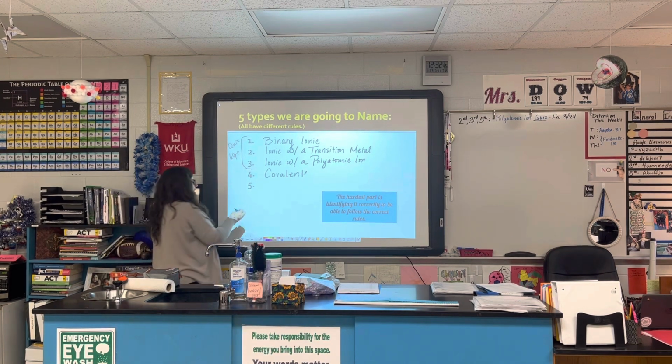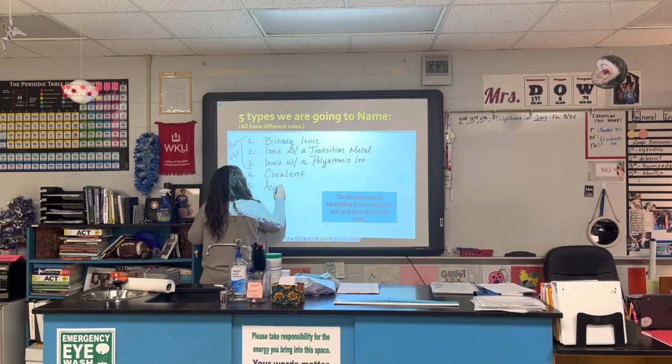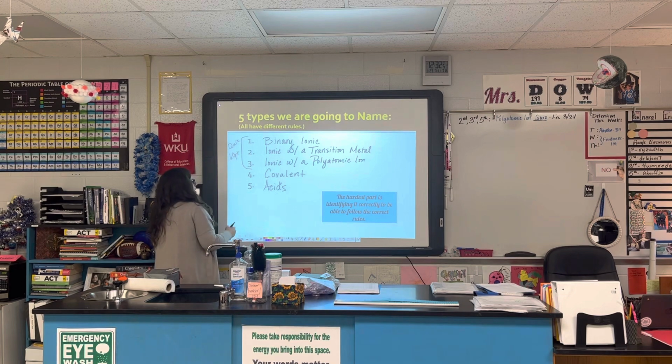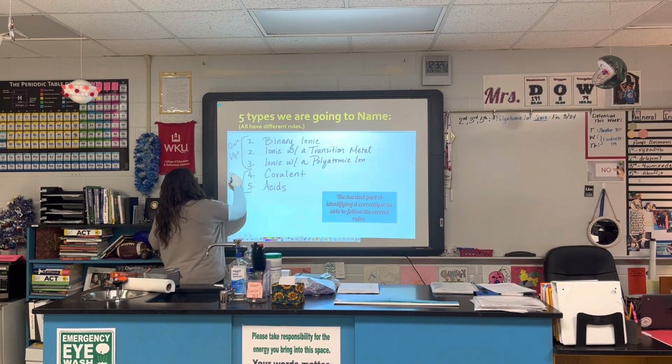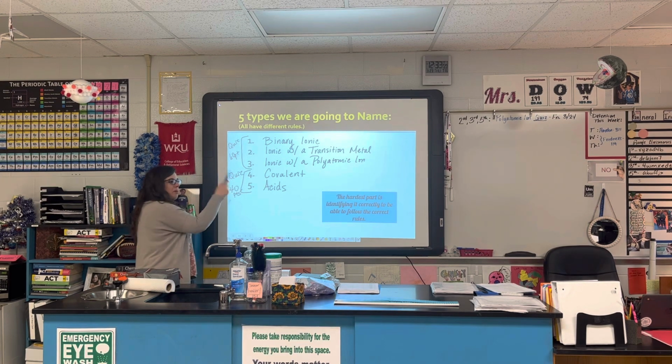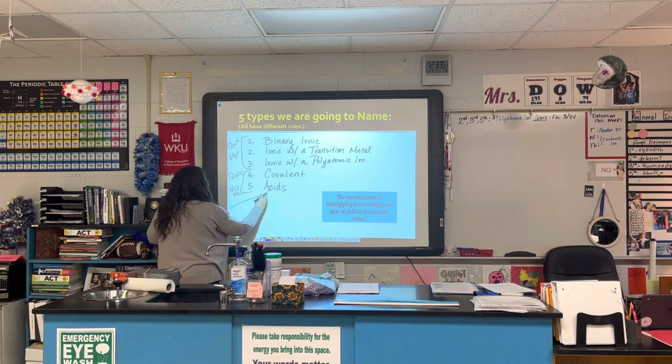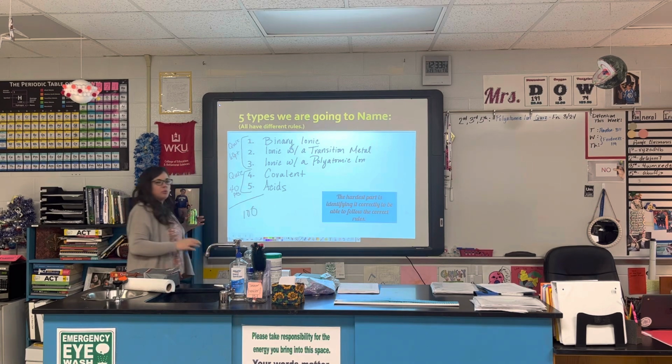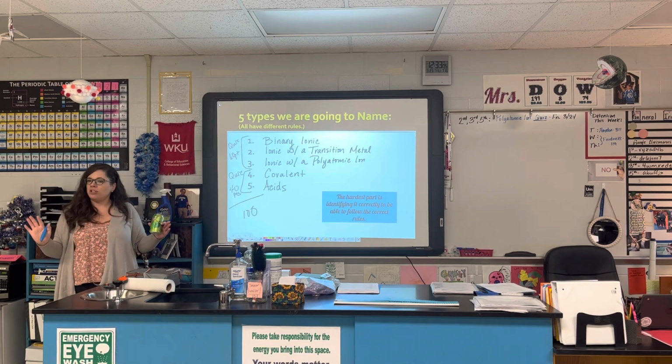Then we'll do acids, which is the only new thing because we've talked about all of these already. Then we'll take another quiz, and that one will be 40 points. So combined, how many points is that? 100. So we're not taking a full test for this unit.